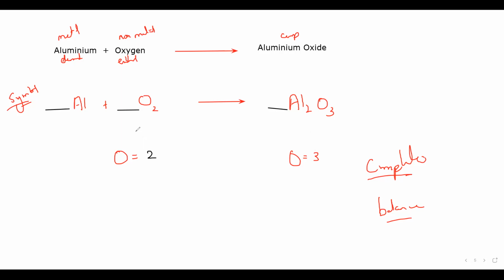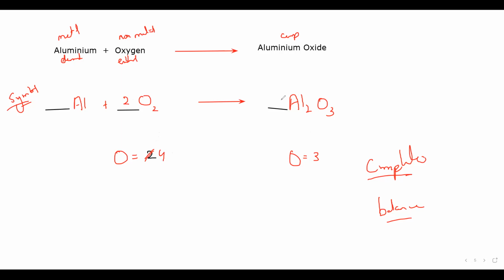If I put 2 here, how many oxygen will it make? That will make 4 oxygen, but still it is not balanced, because now on the left hand side you have 4 oxygen, on the right hand side you have 3 oxygen.